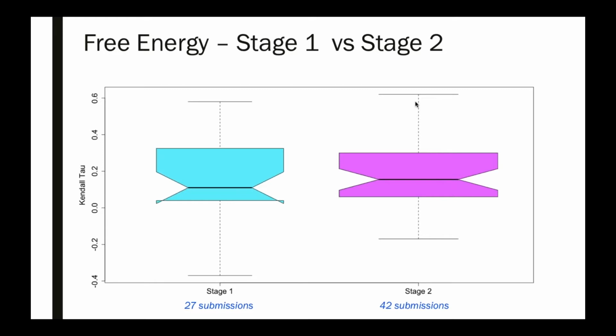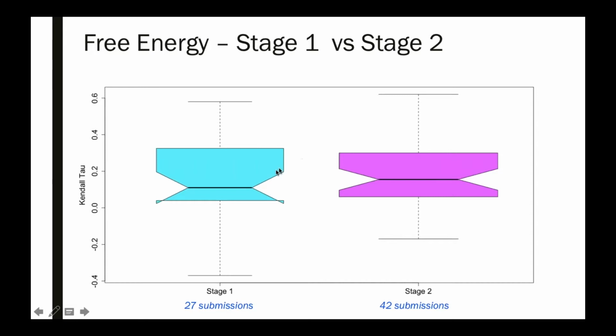Now, if we move on and take a look at free energy, this time we're going to look at the same thing, the free energy submissions for stage 1 versus stage 2. You can see that for free energy, it looks like the median was slightly higher for stage 2 than it was for stage 1, but what we're looking at here are the notches in the box plot that indicate the statistical significance.